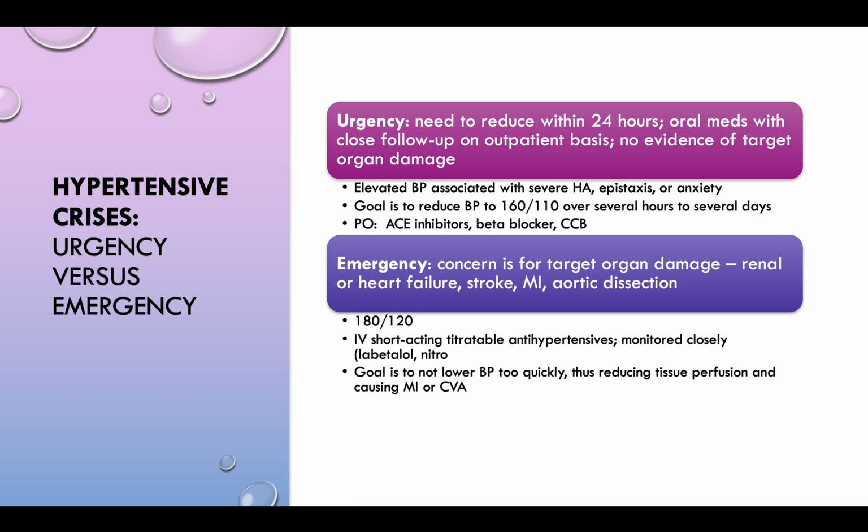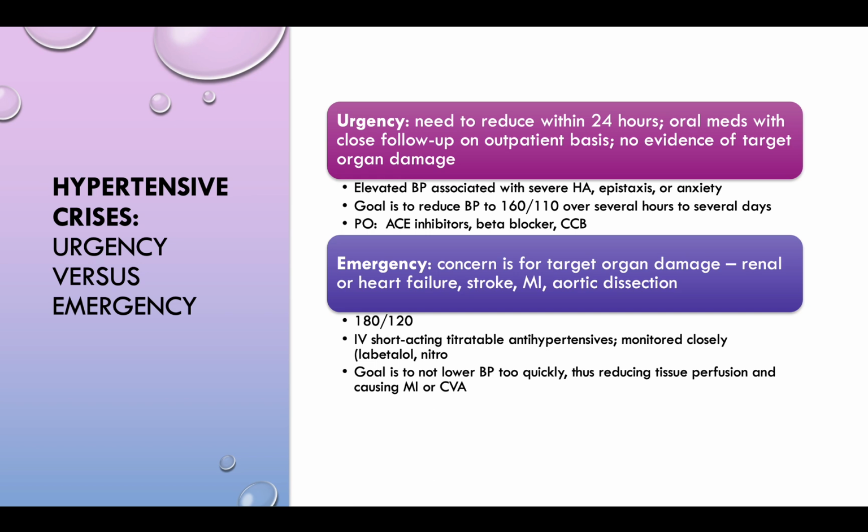So if we're in a hypertensive urgency, then we need to reduce that blood pressure within 24 hours. They're probably going to get oral medications with close follow-up on an outpatient basis, but these patients aren't going to have evidence of target organ damage. We don't want to lower the blood pressure too quickly because we want to maintain good perfusion, but we do want to reduce the blood pressure to 160 over 110.